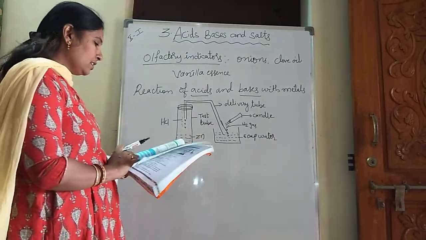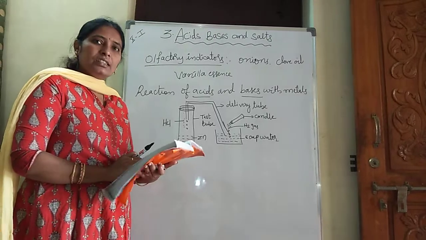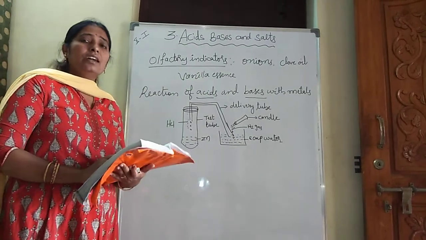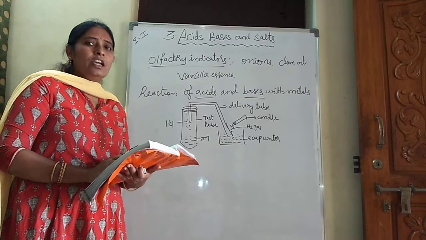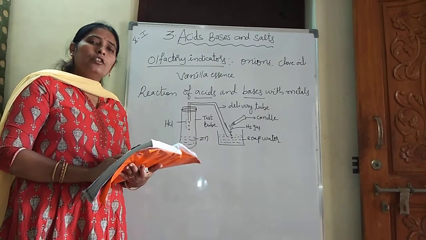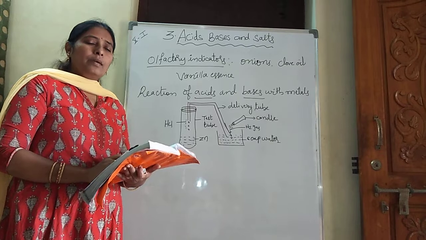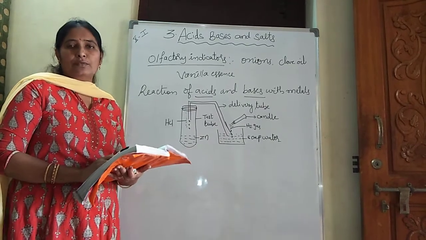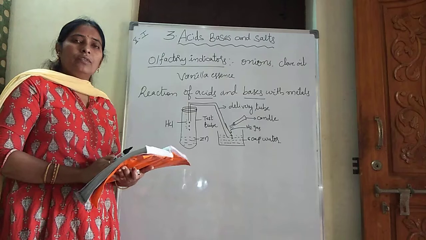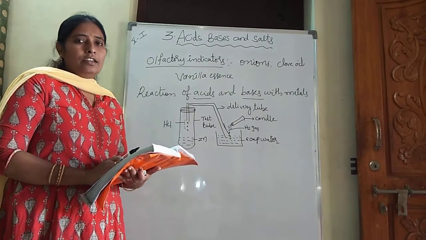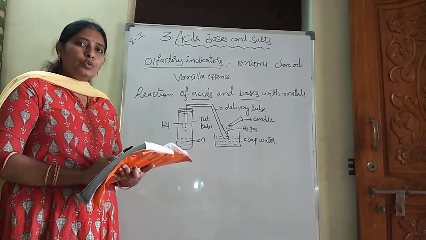Here in olfactory indicators, to explain what an olfactory indicator is, an activity is given. It asks us to take a few onions and chop them into small pieces along with a cotton cloth. You take it in a plastic bag and tie it, and keep it in a refrigerator the whole night. Next morning when we take it out from the refrigerator, the cloth smells like onion, and cut that cloth into 2 pieces.